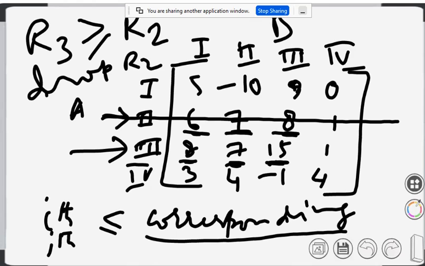If you remember how we have explained the game, A is the player who is maximizing his gain, and B is the player who is minimizing his loss. So for A, the greater row will be retained, and for B, because he is trying to minimize the loss, the smaller one will be retained and the bigger one will be omitted.